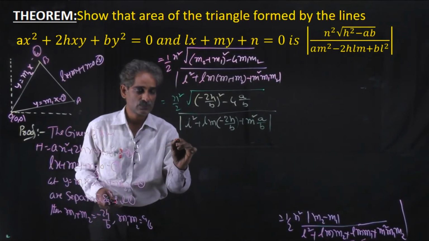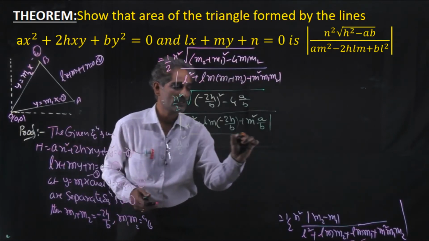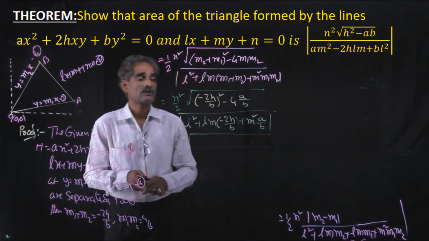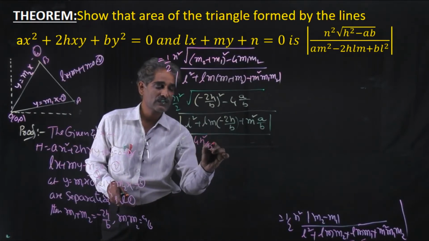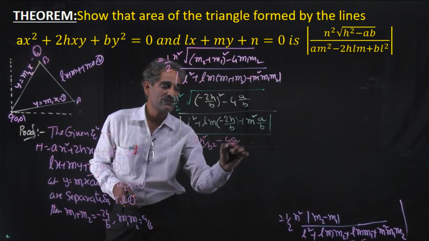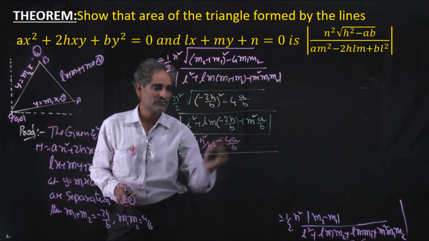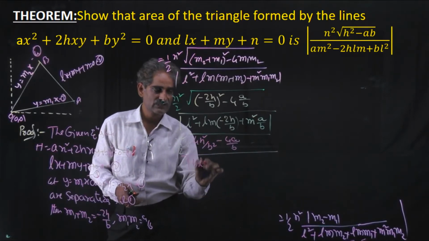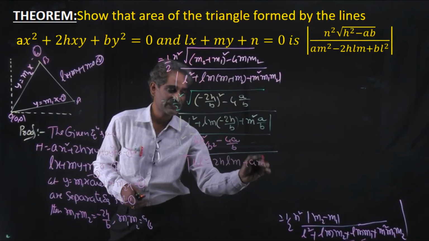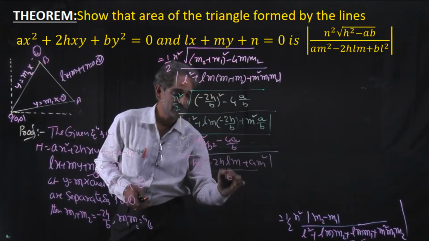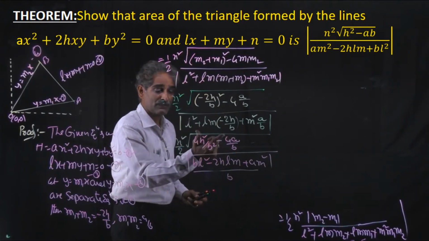So now this is equal to n square by 2 into square root of 4h square by b square minus 4a by b, whole divided by, so now take LCM in the denominator also, b l square minus 2h L m plus a m square, whole divided by b. Now what about this denominator? 4h square minus 4ab by b square under root.